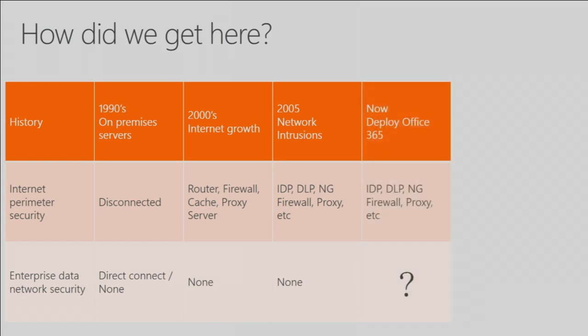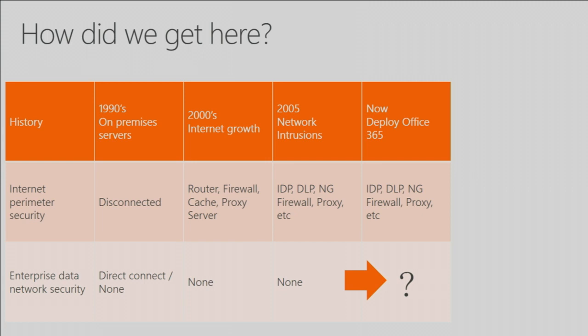So now, this same company, my imaginary company that I've been following along, deploys Office 365, and at their internet perimeter security, they've got their intrusion inspection devices, their data loss prevention devices, all of these kinds of things are there. What kind of security should they have for their enterprise data?